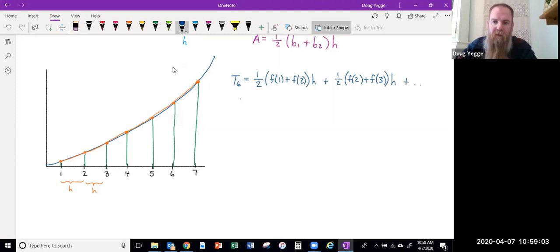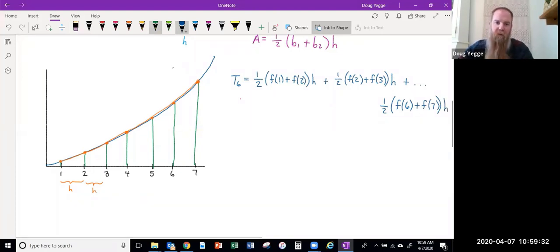And we're going to continue this on until we get to this last one, which means that we're adding f of 6 plus f of 7 as the bases, which is going to be our last figure. 1/2 times f of 6 plus f of 7 times the height.